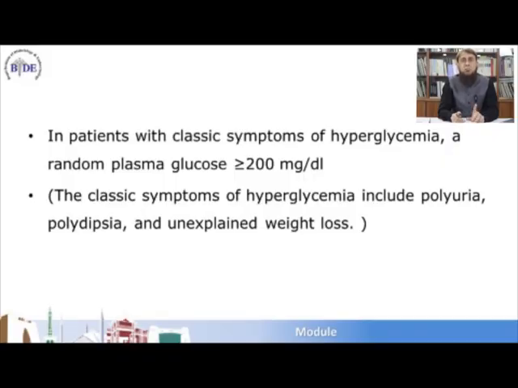So for type 2 diabetes, symptoms are important, but in my slides coming further down, I will let you know how and when people with risk factors should be screened, rather than waiting to develop symptoms first.